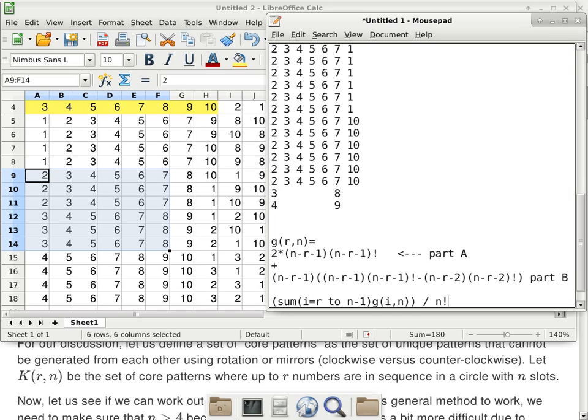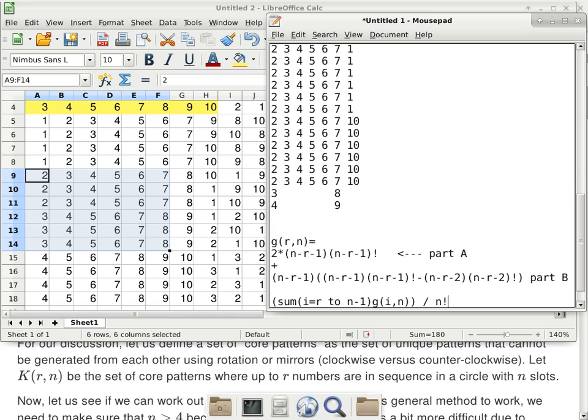So if someone asks me for an answer, that would be the answer, but it only works for cases where n is a certain size, because when n is small, it doesn't work. Were we supposed to divide by n factorial? I wrote the function, but I didn't divide by n factorial.